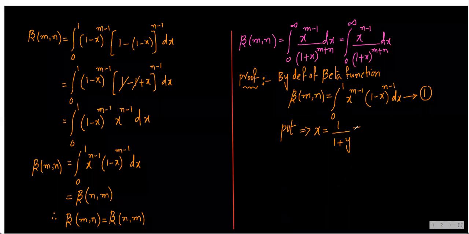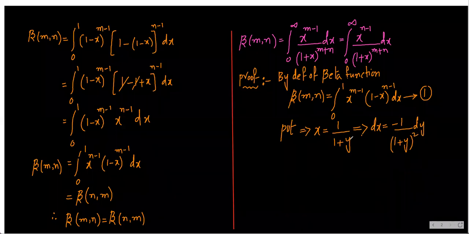Okay. Now, when we differentiate, what is the differentiation of x? It will be dx. And what will be the differentiation of 1 by 1 plus y? Differentiation of 1 by x is minus 1 by x square, no? Minus 1 by x square means 1 by 1 plus y whole square and dy. This is the special substitution and we are differentiating now.